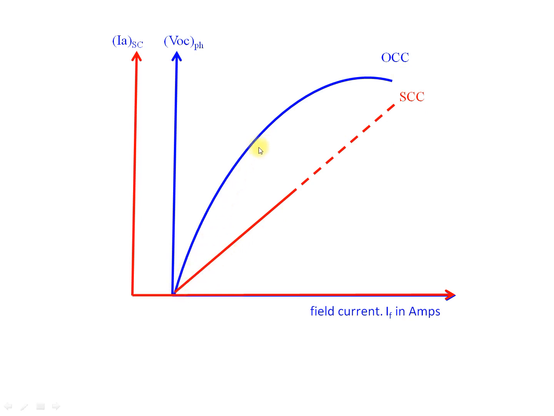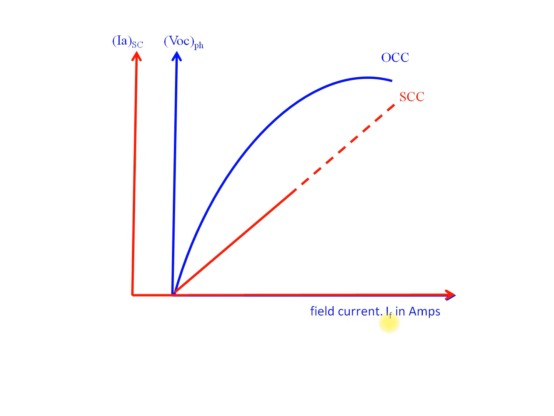In this, you can notice that in the initial period we have a linear increase of the open circuit voltage with the field current. After some time, this portion reaches a saturation point. Whenever we give the field current, the flux will vary, so the open circuit voltage will also increase.